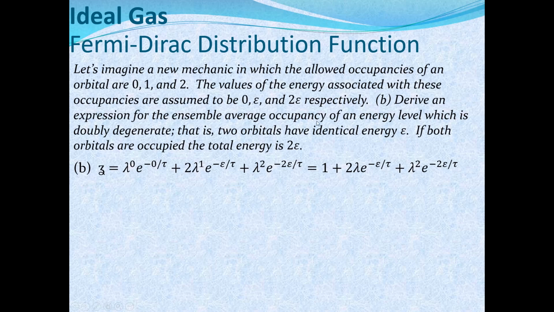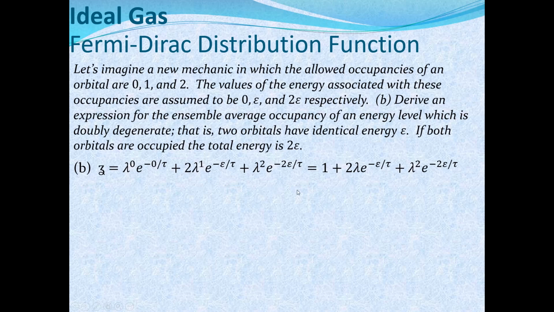Now they want us to basically derive that equation again, but this time we're changing something. So it says this term is doubly degenerate. And it actually says here that there are two orbitals that have identical energies.